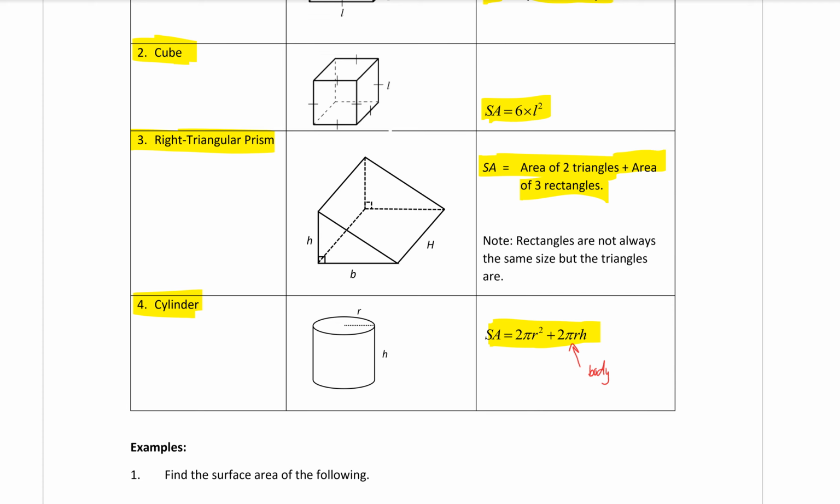The 2 pi r squared is the area of a circle, so 2 of them means there are 2 circles on the ends. If you ever got a question that said you have a completely open cylinder, you would not use the 2 ends. You would just do the body part of that formula. All right? Okay, good.